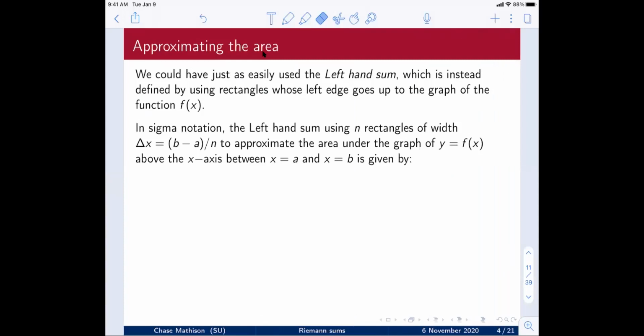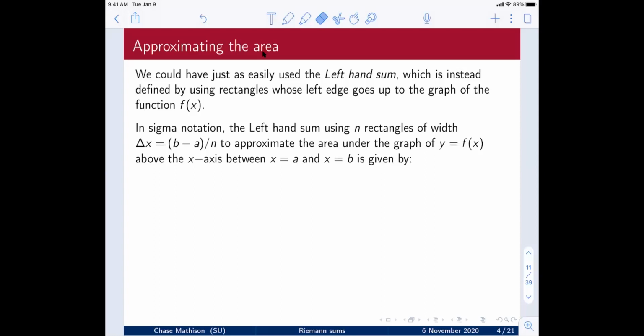In sigma notation, the left-hand sum instead of the right-hand sum, using n rectangles of width delta x equals b minus a over n. We're still using the function as our height, but now I'm just using the left edge.